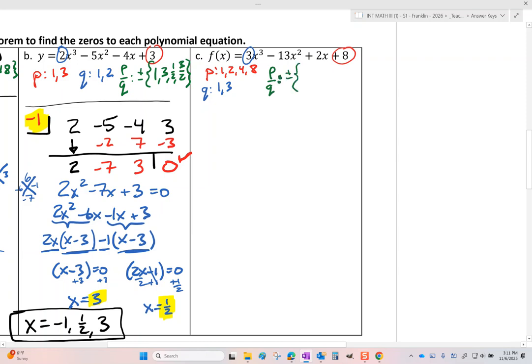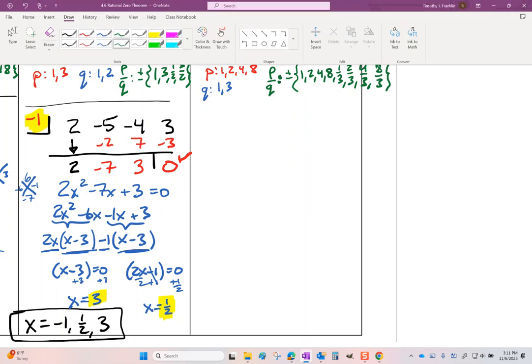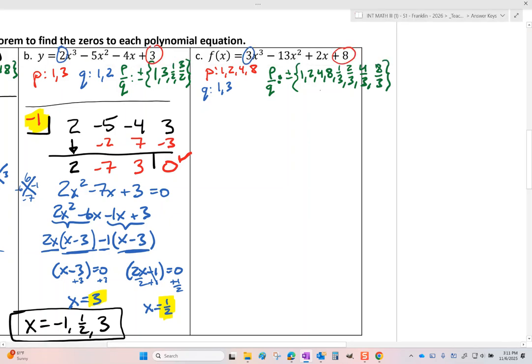Plus and minus 1 over 1, 2 over 1, 4 over 1, 8 over 1, 1 over 3, 2 over 3, 4 over 3, and 8 over 3. Taking up too much space, but that's okay. Hopefully one of our roots is in the whole number section. We won't have to get into the fractions.